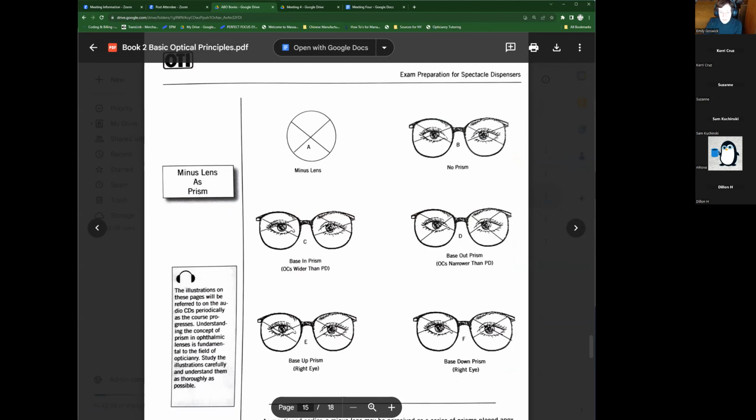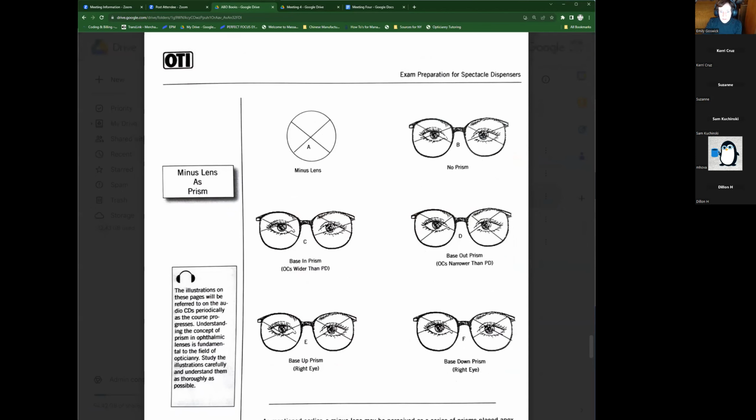So you can see in all of these pictures, oh okay, this is an example of, so if you're looking at C, I don't know if you guys can see my mouse moving on the screen, with base in prism, basically you're looking for which prism the pupil is in, and in what direction that base is going, right?